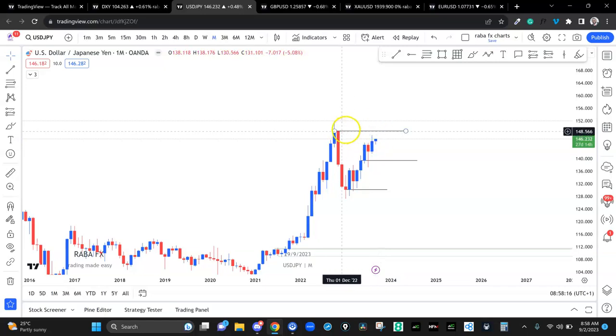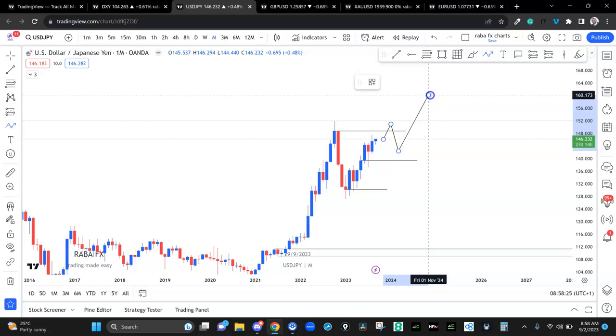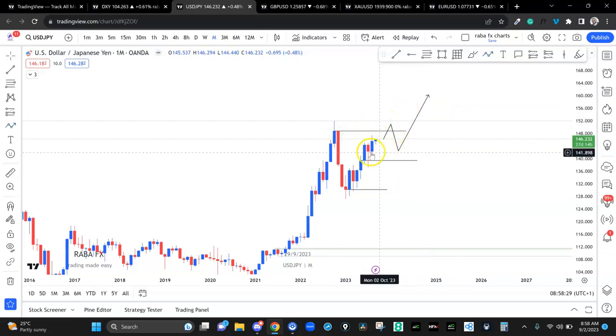We need price in here, because when price gets to this point, we might have a rejection. Most times price rejects from this point. Well, we might have something like this, rejection from this zone to this zone, and then we move. But this will take a long time to play. Why? Because it's on the monthly time frame. So we are bullish on the monthly.